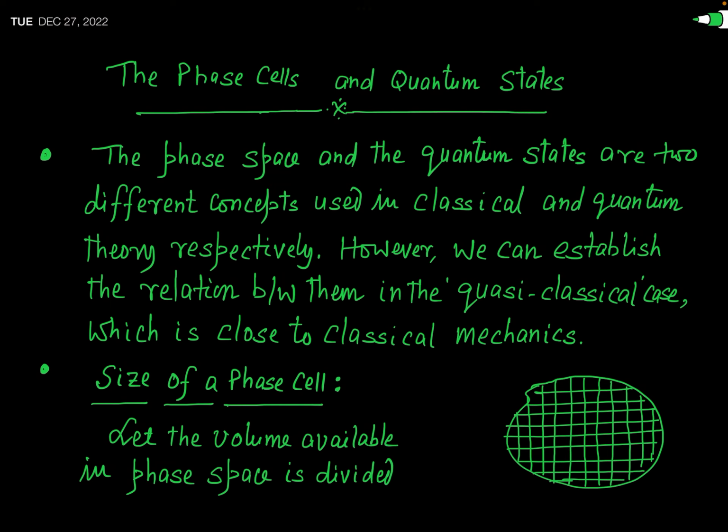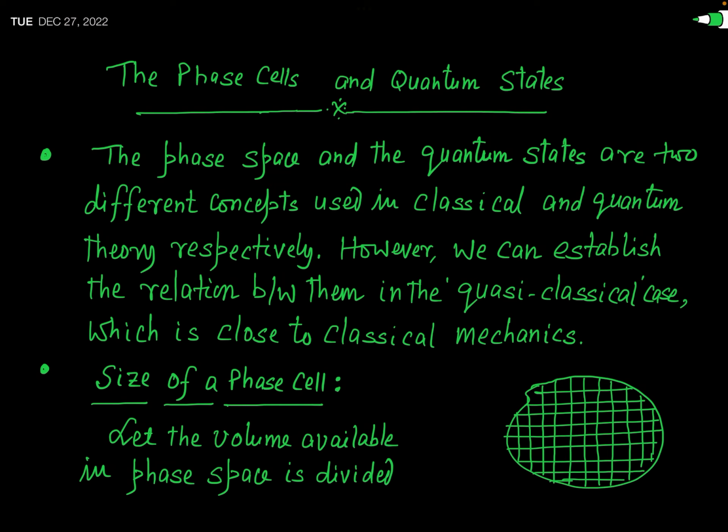To develop the laws of distribution of particles in phase space in classical statistics and in different quantum states in quantum statistics, we need the concept of division of a phase space into elementary volumes, and those elementary volumes are called phase cells.